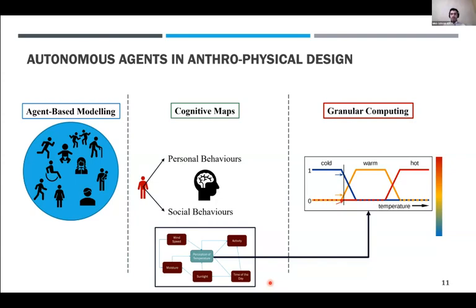Granular computing identifies the subjective concepts, cognitive maps show the interaction between the different environmental conditions and how people perceive the conditions outside, and agent-based modeling comes in now that I have a 30-year-old man, a 40-year-old woman, two kids, one elderly person and, for example, one disabled person in the building. What are the overall conditions in the building, and what will be the disease resilience or infection risk of the building?